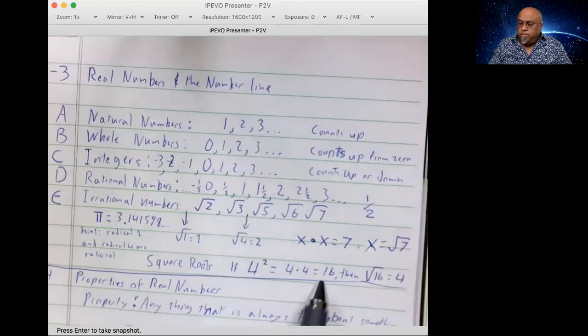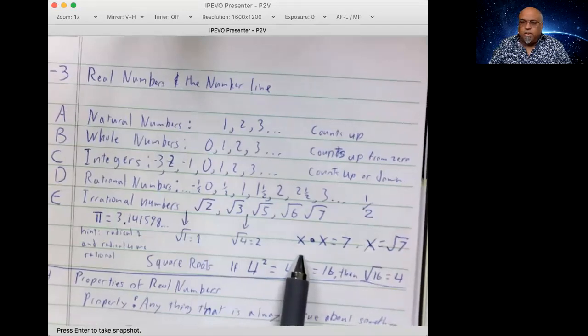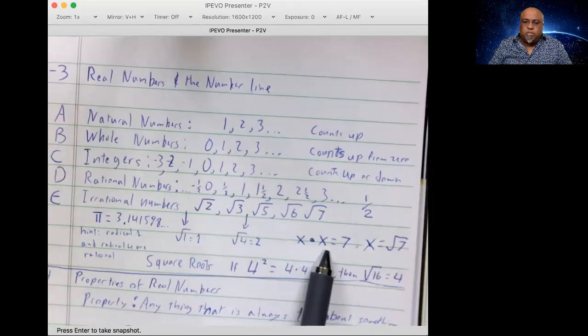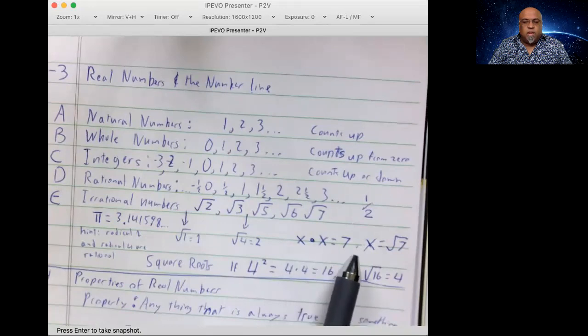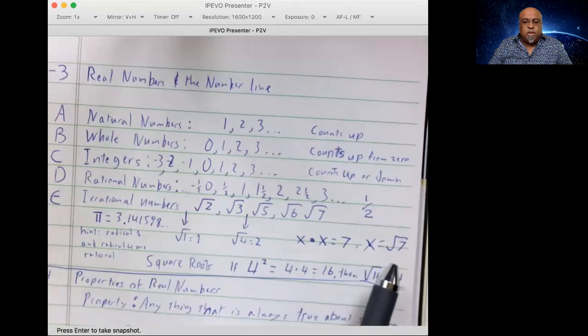So for example, I may not necessarily know what x is, but I know that the first x and the second x in this problem, because they are the same, are equal to each other. Okay? So if x times x is equal to 7, then we could say that x is equal to radical 7, because radical 7 means whatever number times itself equals 7.